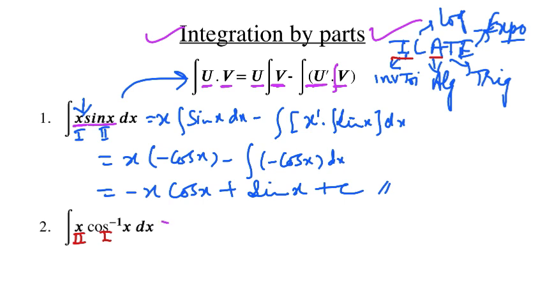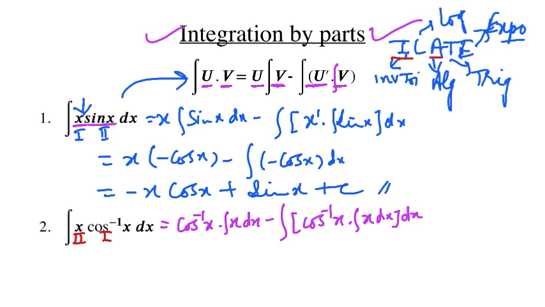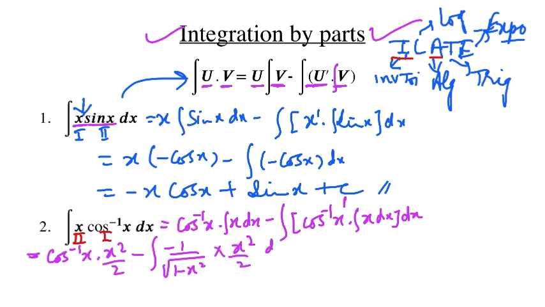The first function, which is cos inverse x, into the integral of the second function, minus integration of the derivative of cos inverse x into the integration of x dx, and outside also there will be a dx. Now cos inverse x into the integration of x, children, is x square upon 2, minus the integral of the derivative of cos inverse x, which will be minus 1 upon under root of 1 minus x square, into x square by 2 dx.